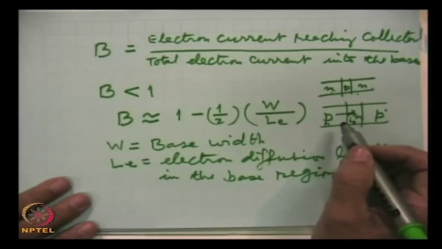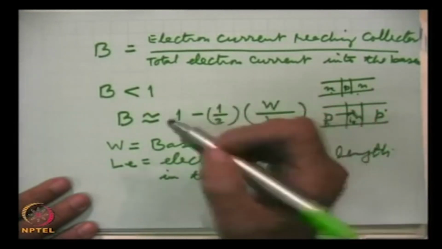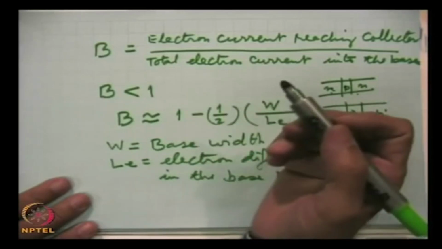So, a BJT, bipolar transistor, is a minority operated device. It is current operated, everywhere we are talking of current, and hence it is a current operated device.